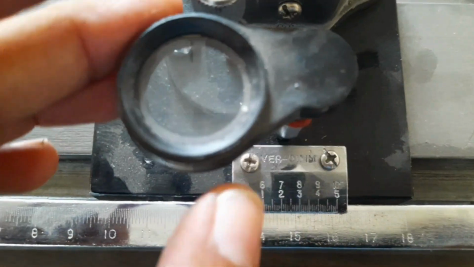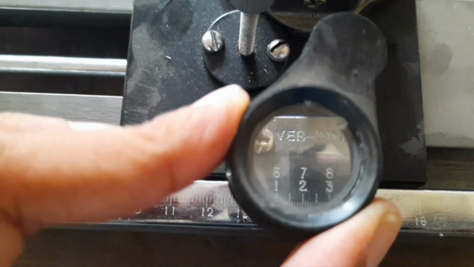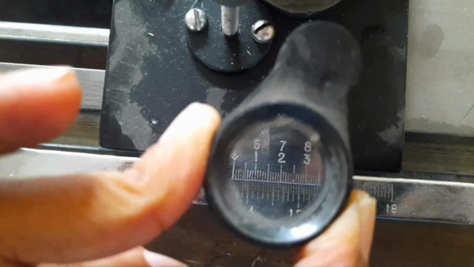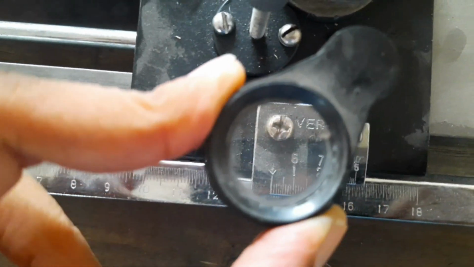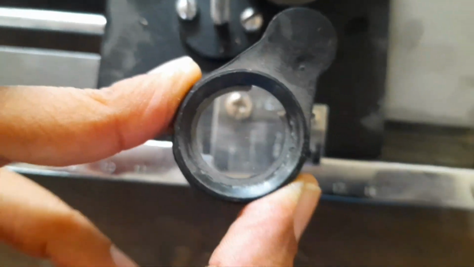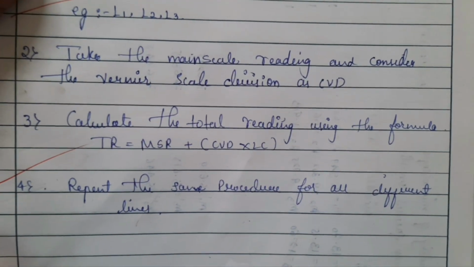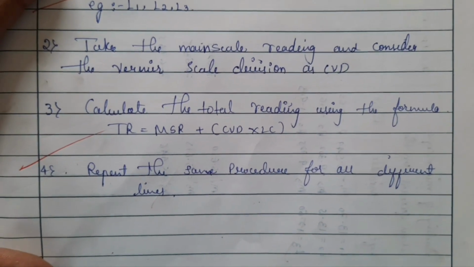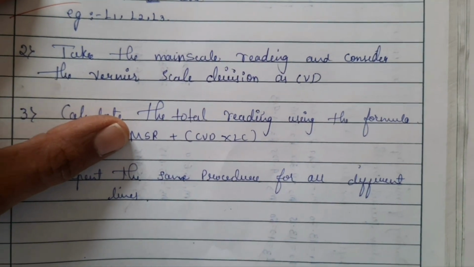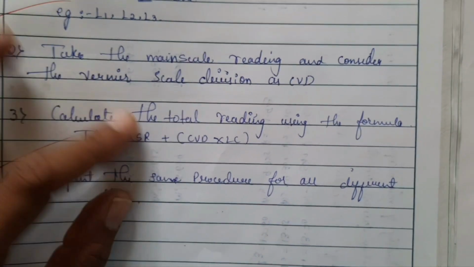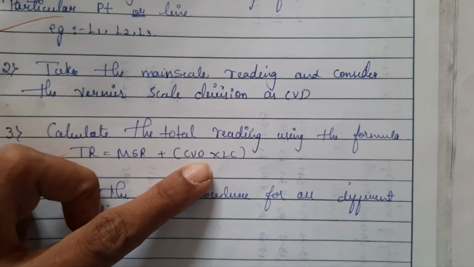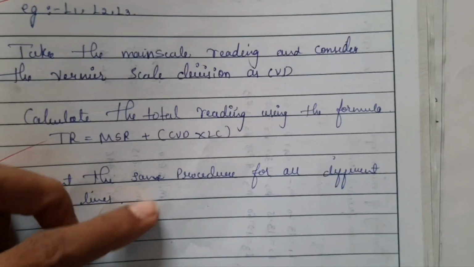You can use this magnifying lens to see clearly where the vernier scale is coinciding with the main scale. So here is the formula to calculate total reading: total reading is equal to MSR plus CVD into least count. The main scale reading is around 13.7. Put in the CVD you get, and use the least count, 0.001 centimeter.